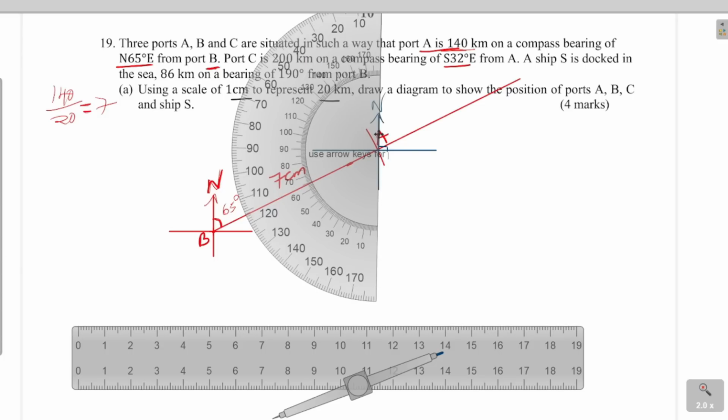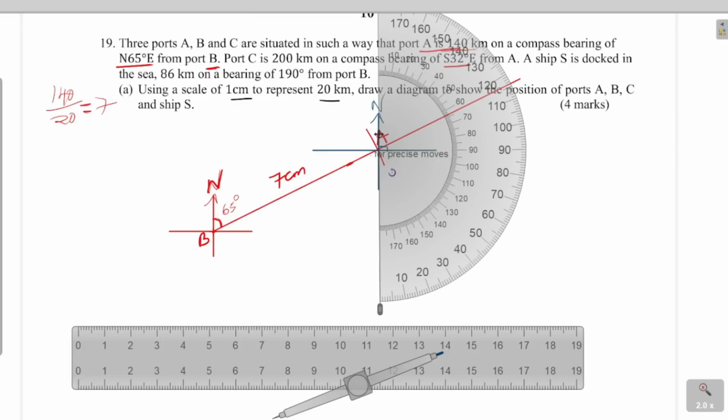Now I want to measure south 32 degrees east from A. So from here you're measuring: this is 0, 10, 20, 30, and 32 will be somewhere there.